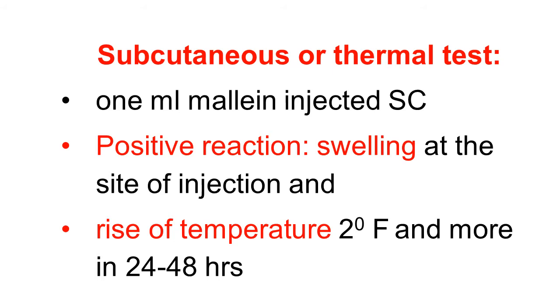At the same time, a rise in temperature of 2 degrees Fahrenheit or more in 24 to 48 hours is considered a positive animal. There is no swelling and no rise of temperature in the negative animal. This test is called subcutaneous because mallein is injected subcutaneously. It is called the thermal mallein test because there is a rise of temperature by mallein injection. So it is a thermal test.